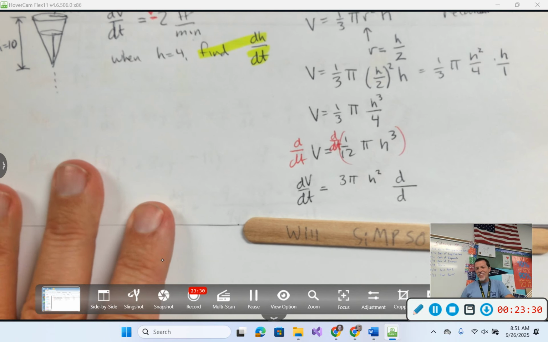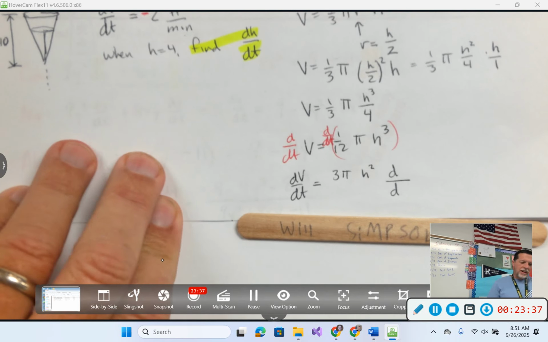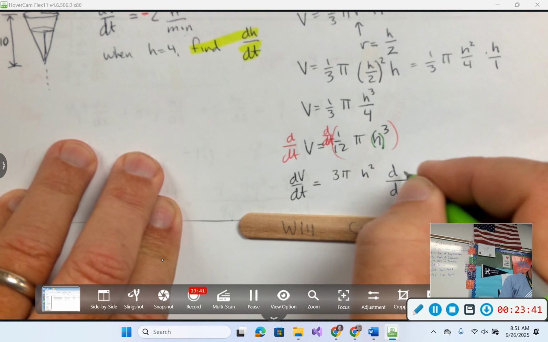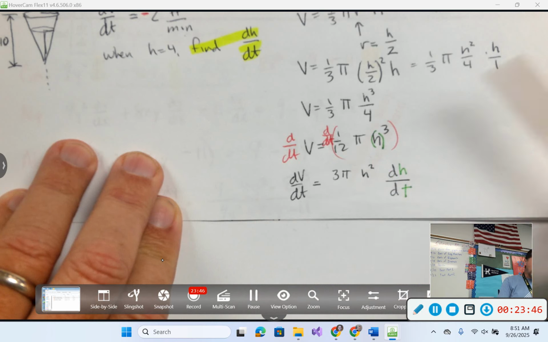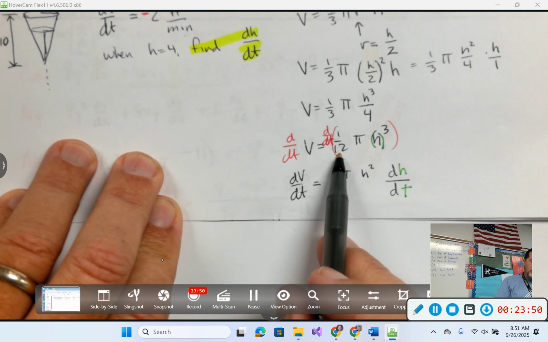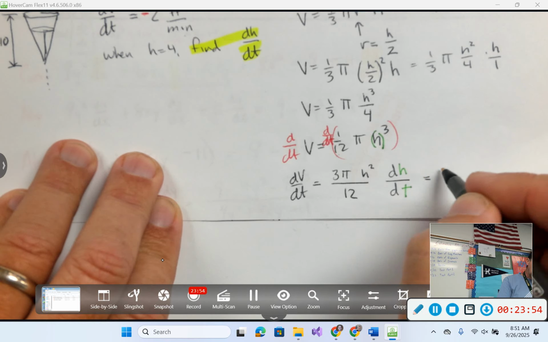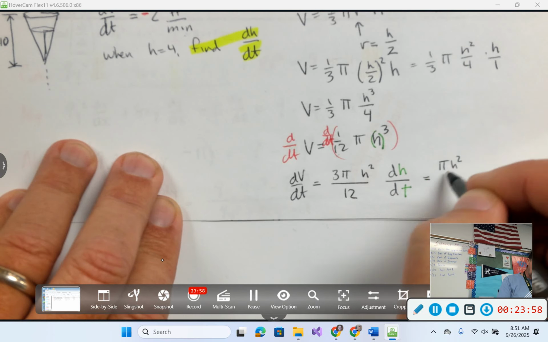You left out a few things, but you weren't wrong in what you said, so that's not bad. So yes, 3 pi h squared. Somebody help him out. What's the rest of this? dh/dt. And then there was one other minor thing you left out, Will? Like the 12 over 12. So that would reduce, so pi h squared over 4 dh/dt.